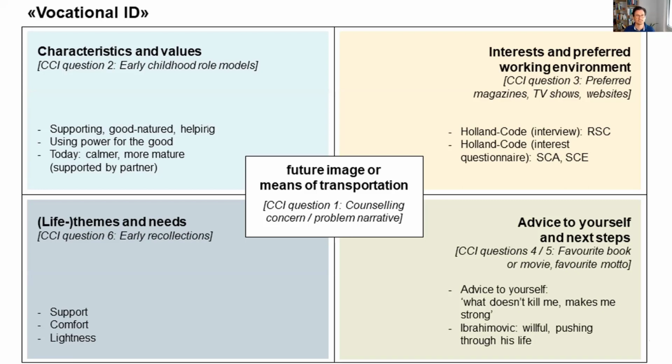So also with this second role model, you see that today he's calmer, more mature, and he also explained that he still needs support from his partner, also for the self-employment part. He wants to be supported by partners.